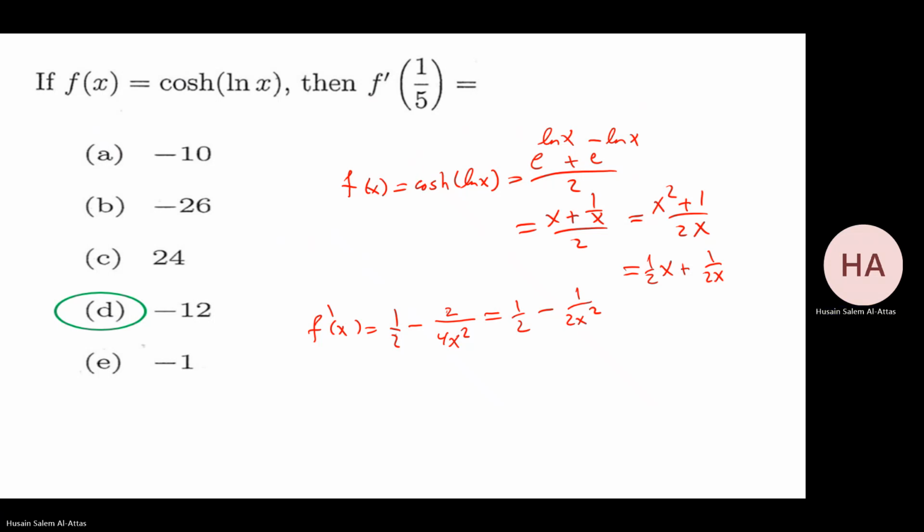Right. Is it? Squared plus 1/2x. That is x over 2, which gives me half plus 1/2x.